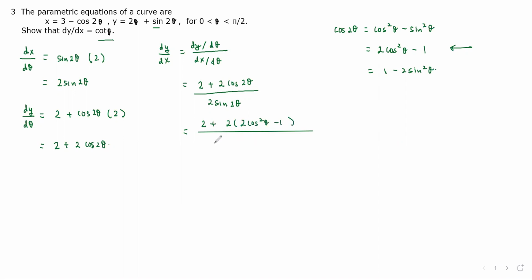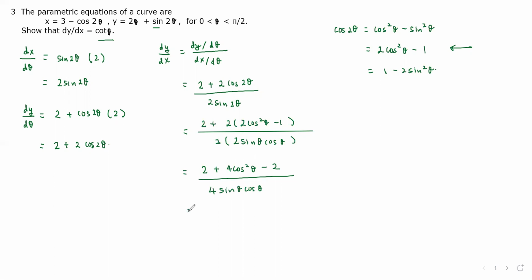In the denominator, you have sine 2 theta. The double angle formula for sine is 2 sine theta cos theta. Expand the numerator: 2 plus 4 cos squared theta minus 2. The denominator is 4 sine theta cos theta.